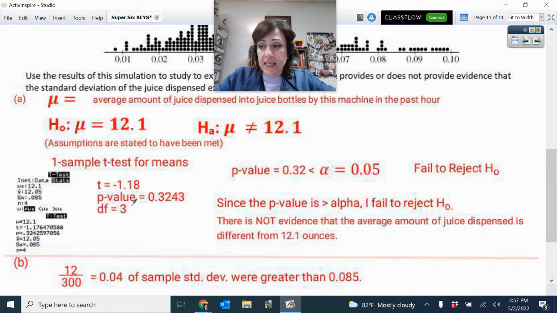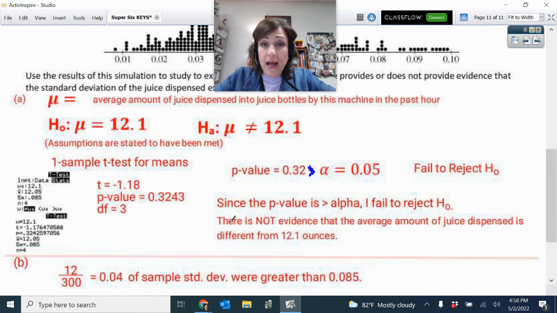And for the one sample t distributions, it is sample size minus 1, so that's why it was 3. So obviously, oh, I have the wrong sign right there. So obviously 0.32 is greater than alpha, so I failed to reject the null hypothesis.